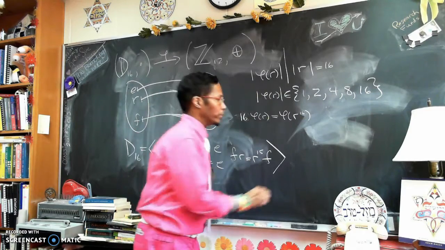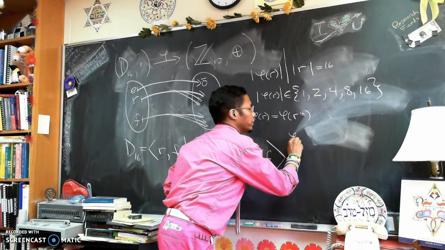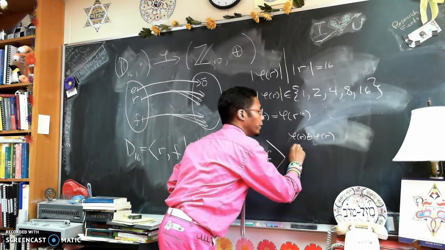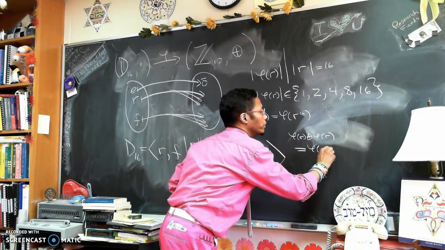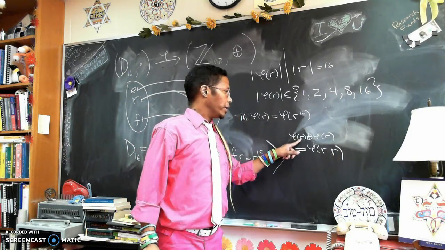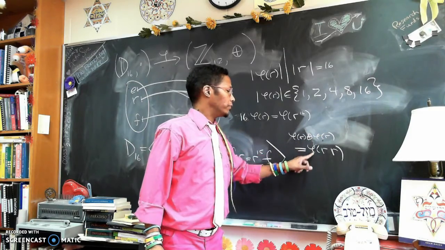Using the homomorphism property, for instance, phi of A plus phi of B equals phi of AB.